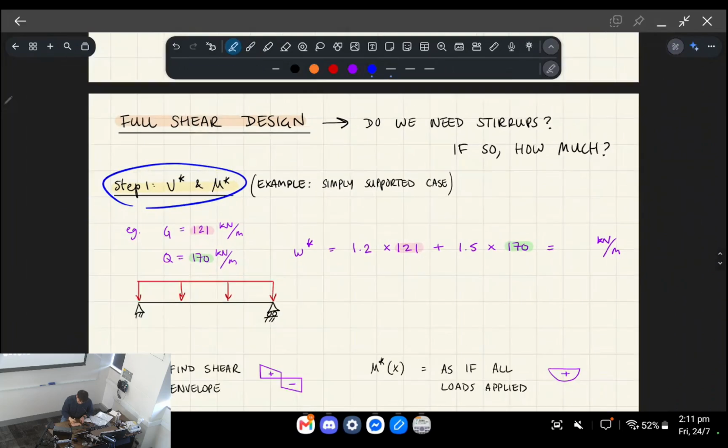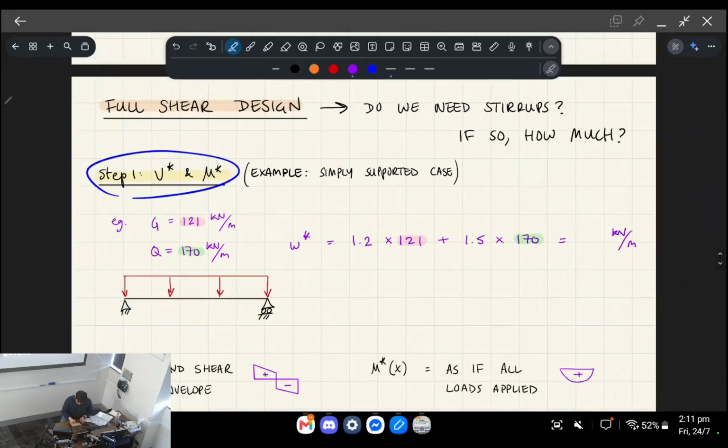So I'll just give you some example numbers. Here we're provided with the distributed dead load and distributed live load, right? And we apply our load combinations of 1.2 and 1.5. And we can find the overall distributed load, right? In this case, it's 400.